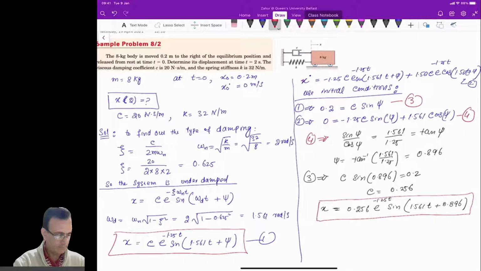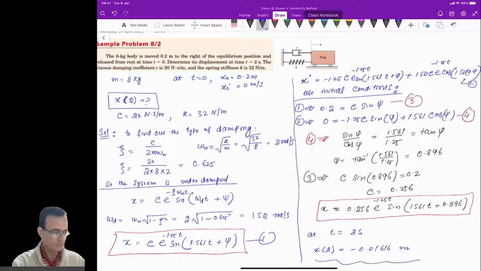The only thing is that if you just replace time by its value, you can get the value of x here. So now t is equal to 2 seconds. x2 will become equal to minus 0.1616 meter. This is the value of x here.